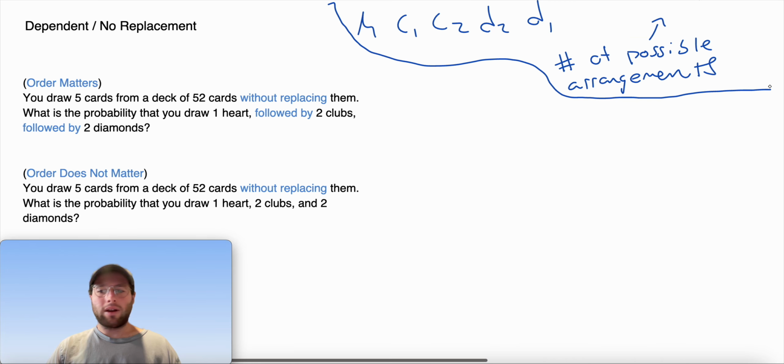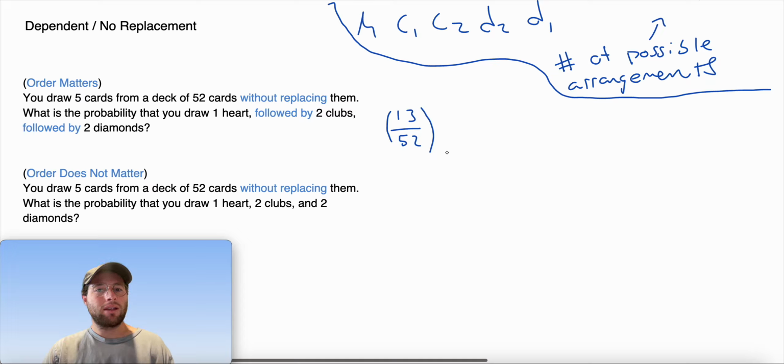And so let's go ahead and do that. If we draw 1 heart and there are 52 cards, again there are 13 hearts in the deck. So that's going to be 13 over 52 favorable outcomes to total possible outcomes. And now we're not going to put that card back into the deck.